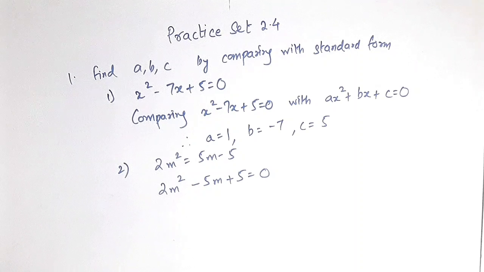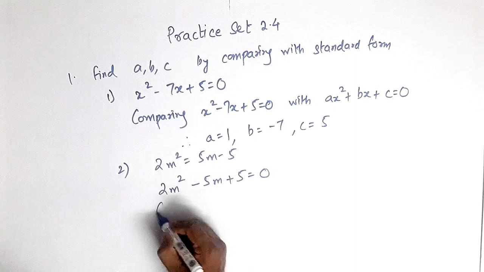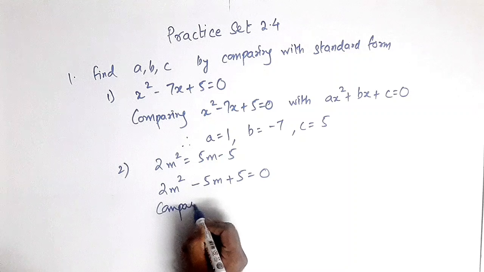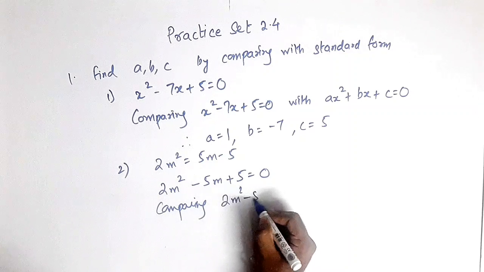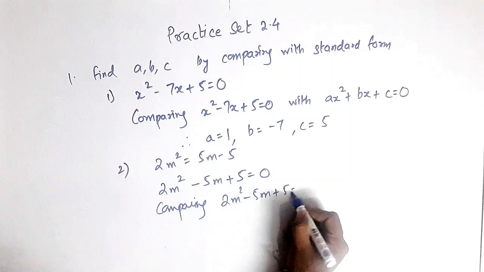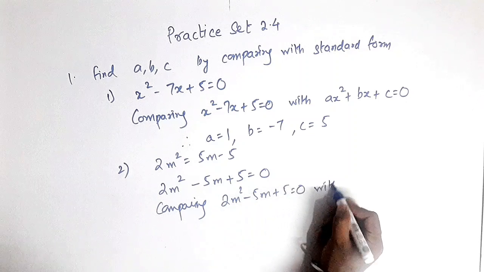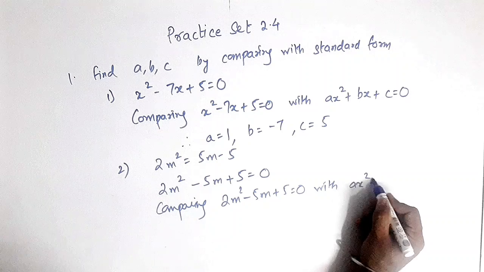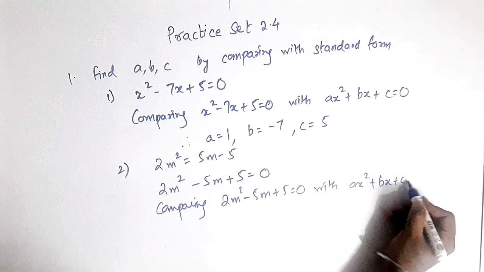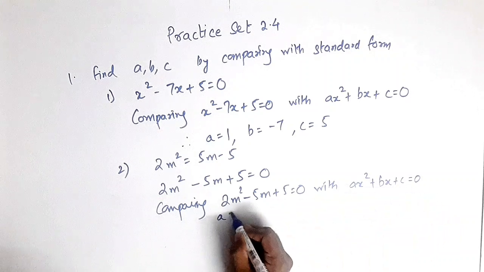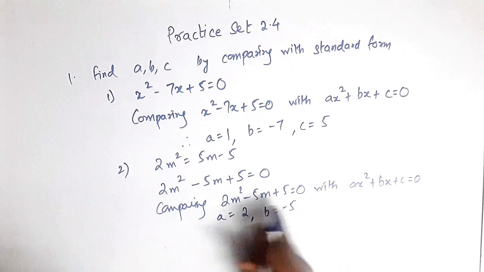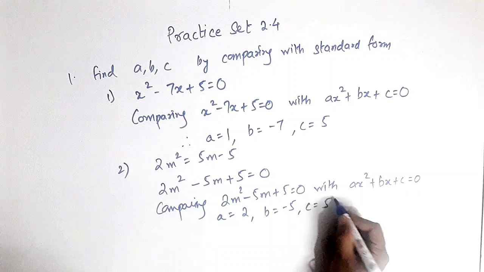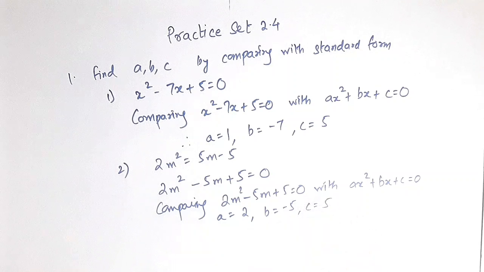Here, comparing 2m square minus 5m plus 5 equals 0 with the standard form, ax square plus bx plus c equals 0, we get a equals 2, b equals minus 5 and c equals 5.